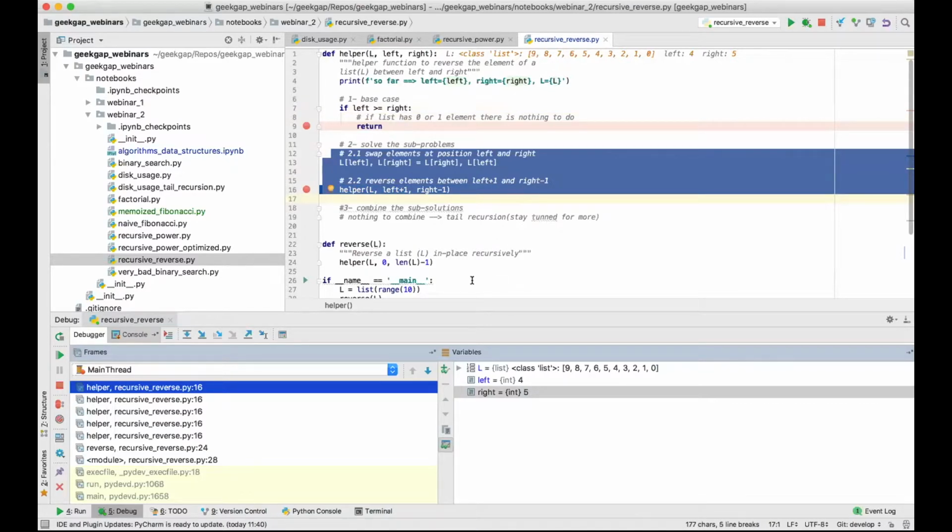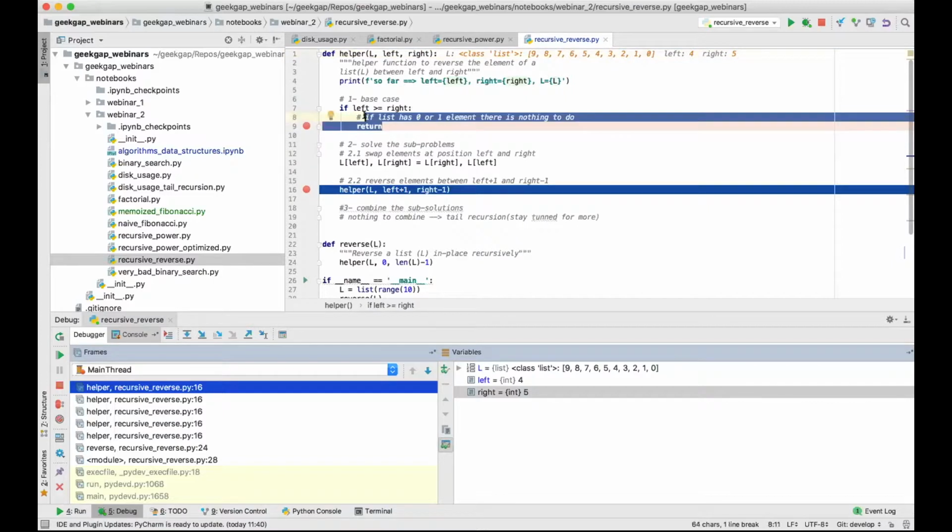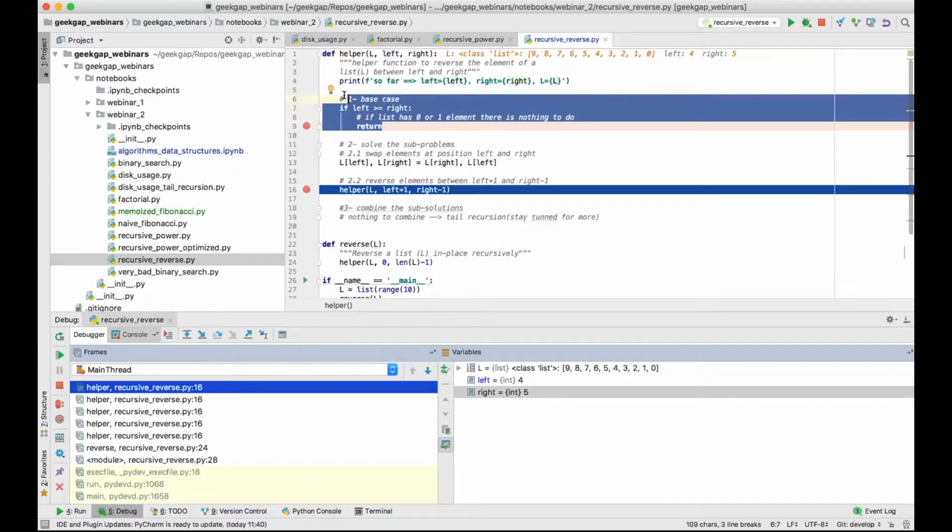We are close to the base case actually, because at this step left is 4 and right is 5. But soon after this step, left will be 5 and right will be 4. They'll switch places. Exactly. And then we will actually enter the base case.